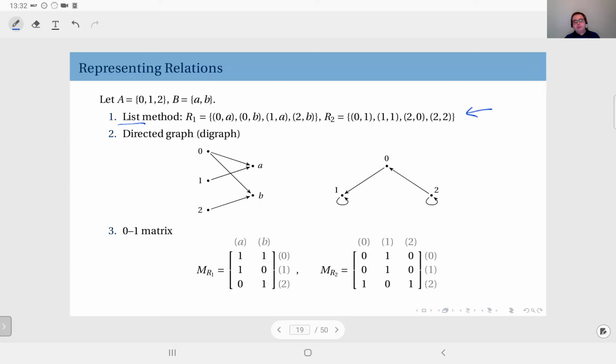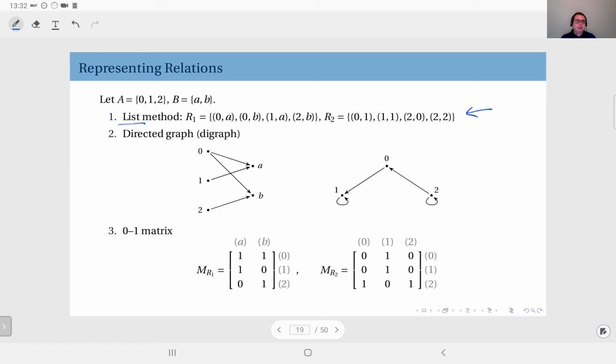And also, this method is not really useful when identifying certain properties of relations. So for this purpose, we use two more representations. One of them is the digraph representation, or the directed graph representation. We are going to talk about directed graphs when we talk about graphs in general, but for the time being, you just have a set of vertices and a set of edges with directions between them.